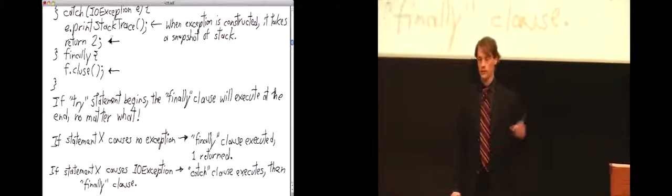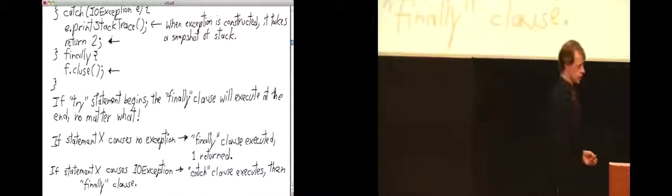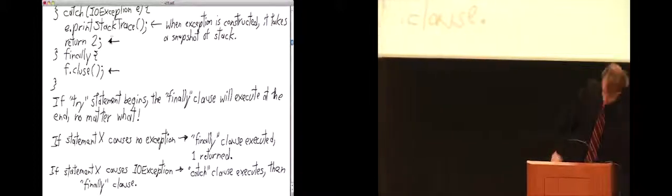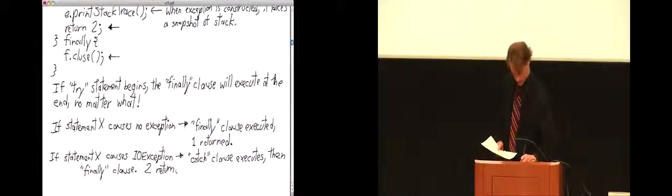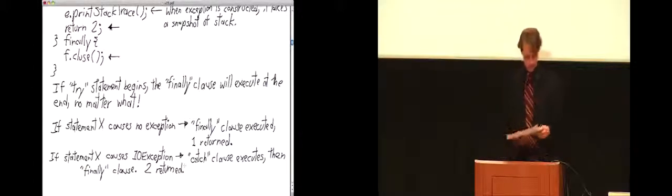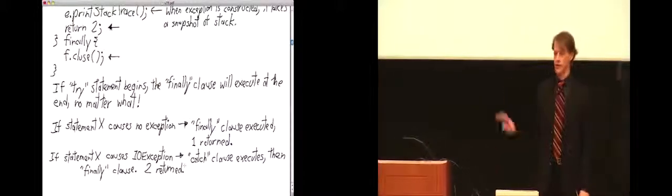Java hasn't forgotten that we're returning 2, but you do have to execute the finally clause before we can really return. So the finally clause gets executed, and then 2 is returned. So those are the first 2 possibilities.